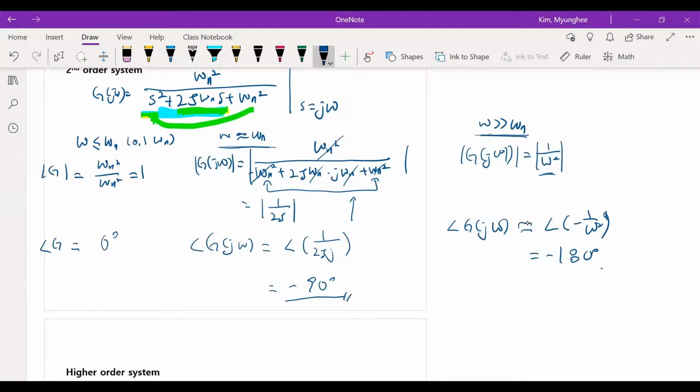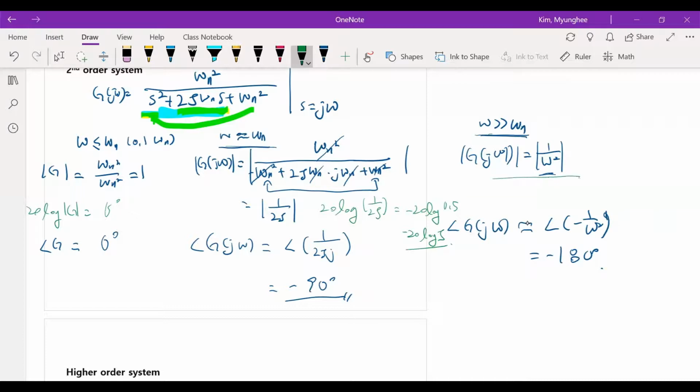And then actually we didn't look at the log magnitude. So 20 log G, therefore for small frequency is 0 because log 1 is 0. And then for this, 20 log 1/2ζ will be minus 20 log 0.5 minus 20 log ζ.